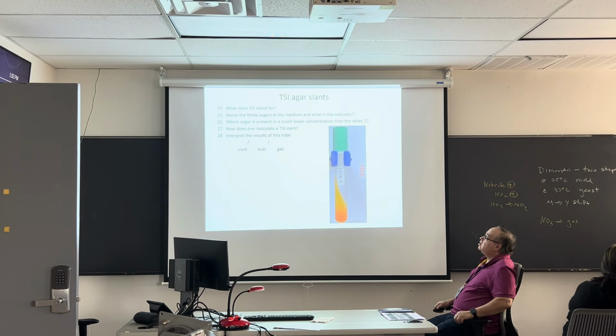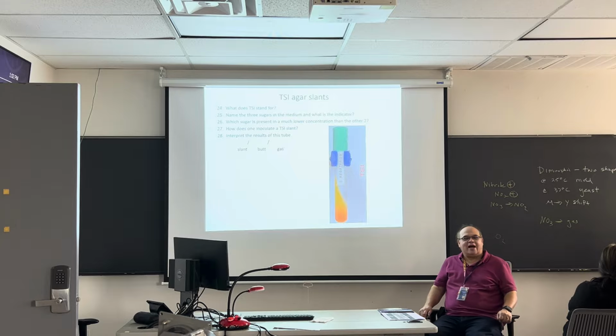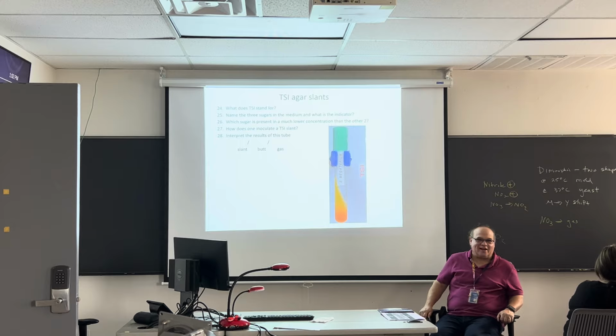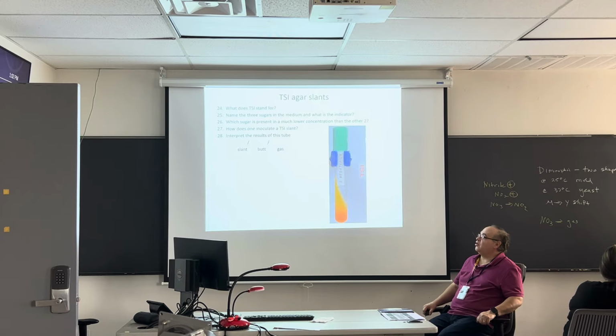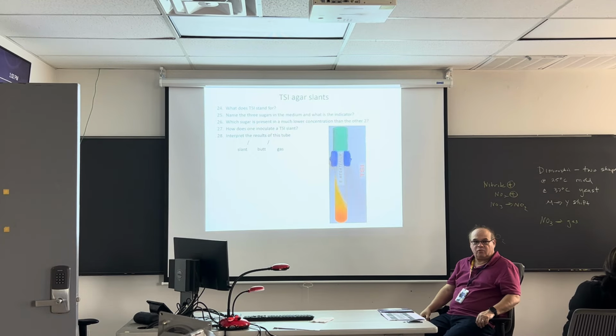Okay. So this is triple sugar iron, right? What is TSI? Oh, I just gave you the answer. I have to be careful with that because I give answers left and right. So TSI stands for triple sugar iron. Iron is the presence absence indicator, just like it is in the SIM test. Be sure you know that.